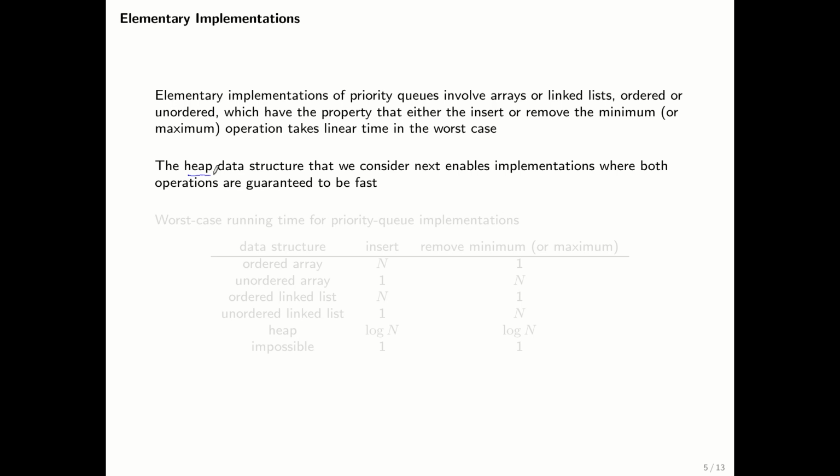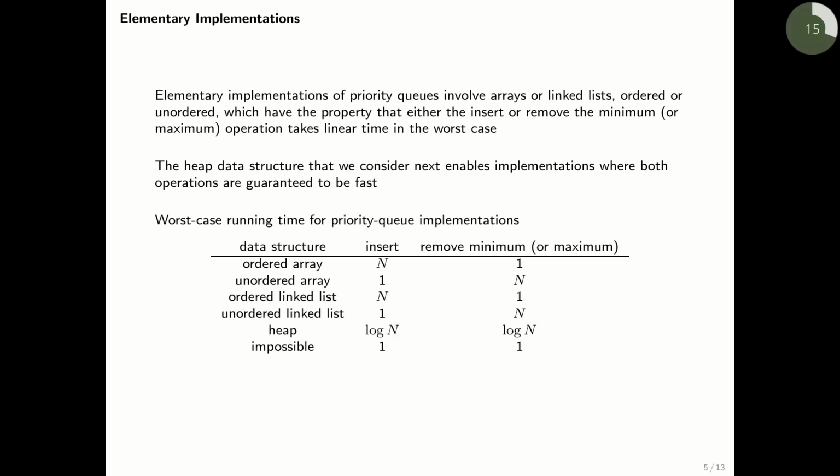Okay, so the heap data structure that we're going to look at next will enable the implementation of the priority queue API, where both operations are guaranteed to be fast. By both operations, we mean insert or remove the minimum or maximum. Okay, remove the minimum in case of a MinPQ data structure, and remove the maximum in the case of a MaxPQ data structure.